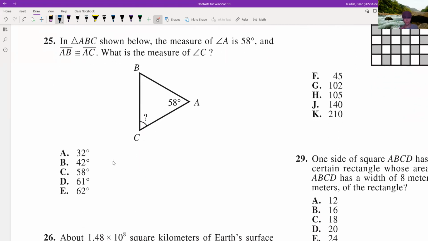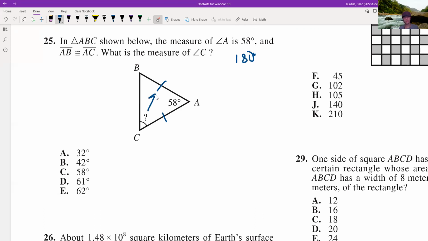Okay, what is this? What is C? AB also equals AC. Well, first of all, we know that all angles in a triangle add up to 180 degrees. That's a good thing to know. And another thing that's good to know is that angles across from equal sides are equal.